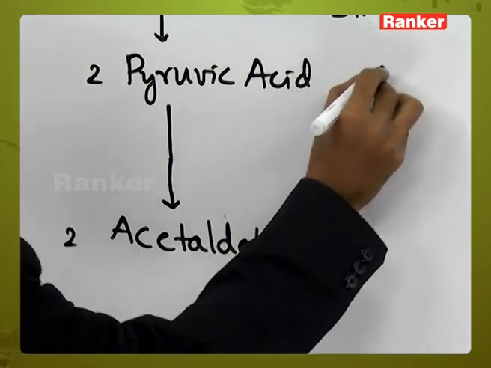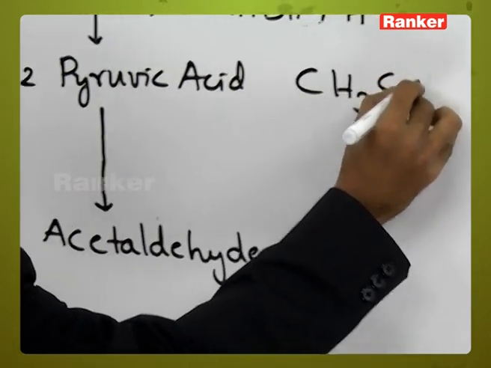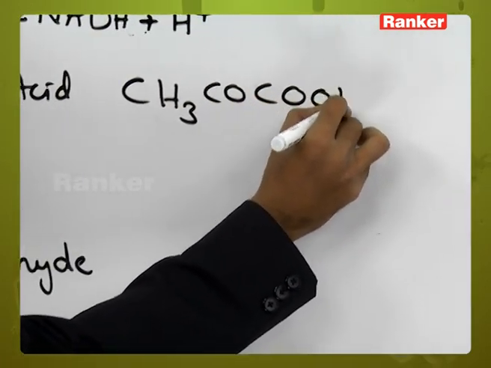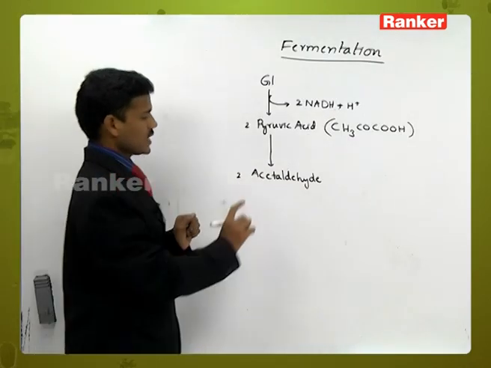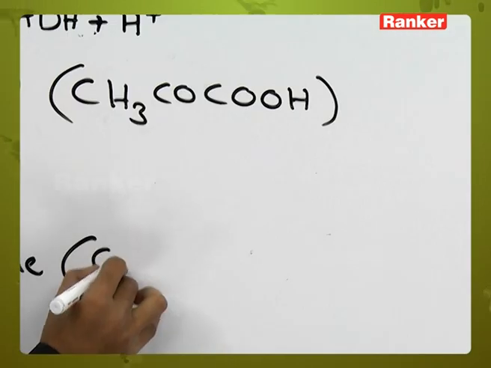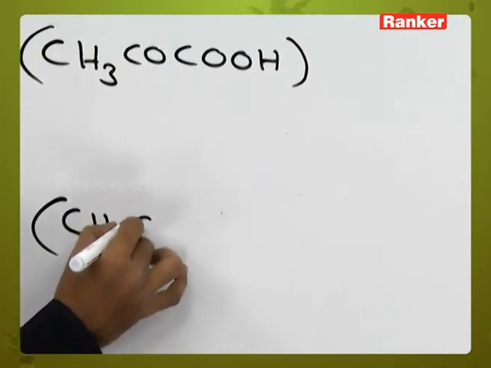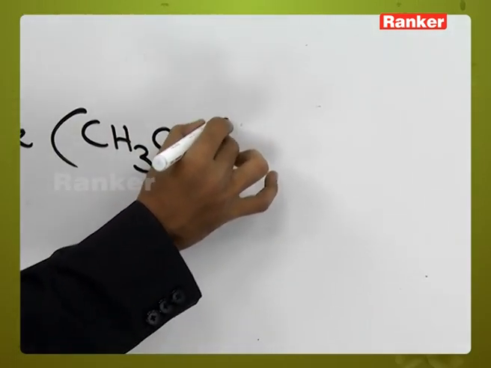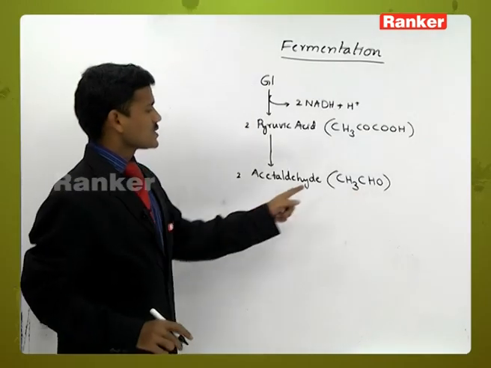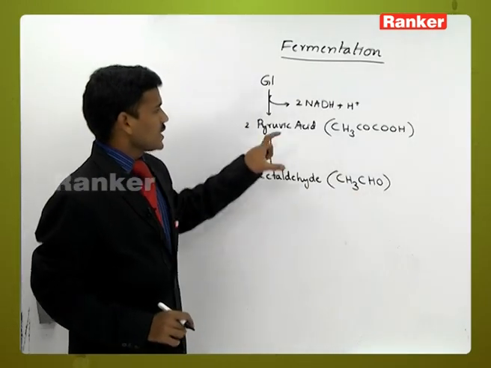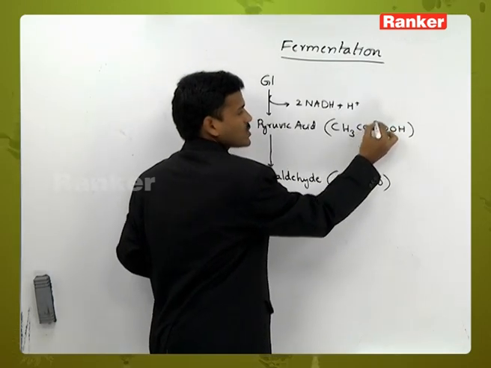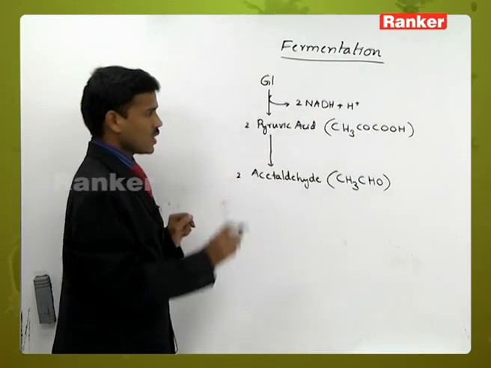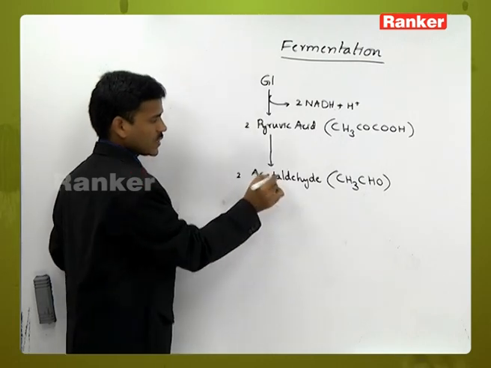The formula of pyruvic acid is CH3COCOOH, and acetaldehyde is CH3CHO. Here carbon dioxide is removed, so CO2 is removed. After the removal of CO2, it is converting into acetaldehyde.